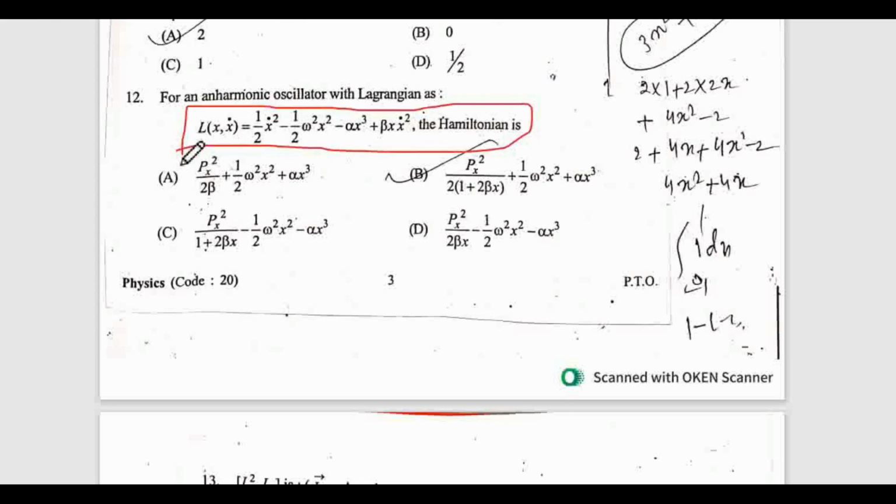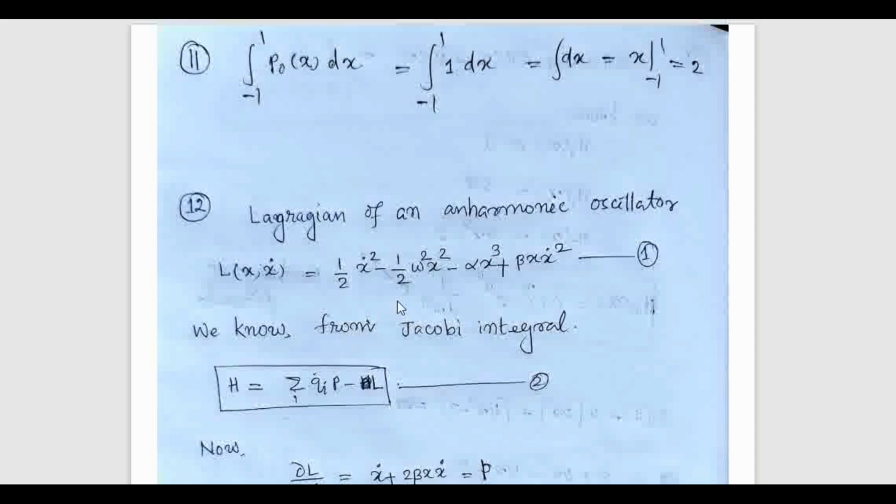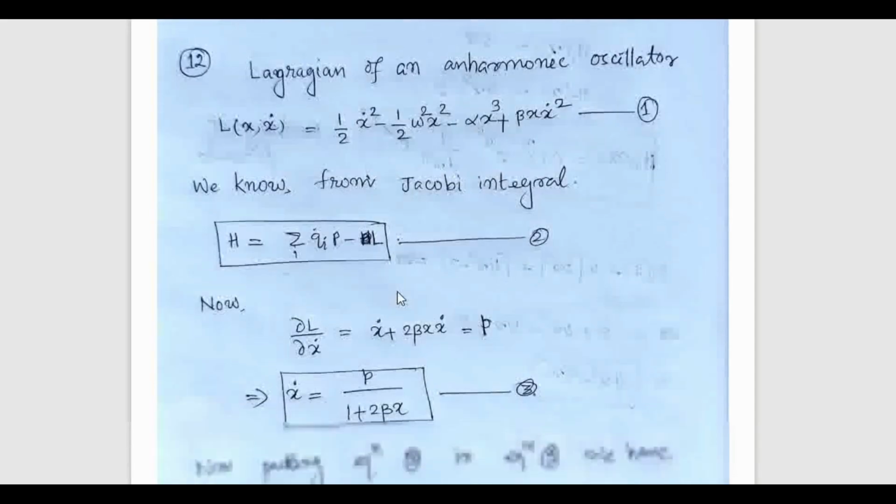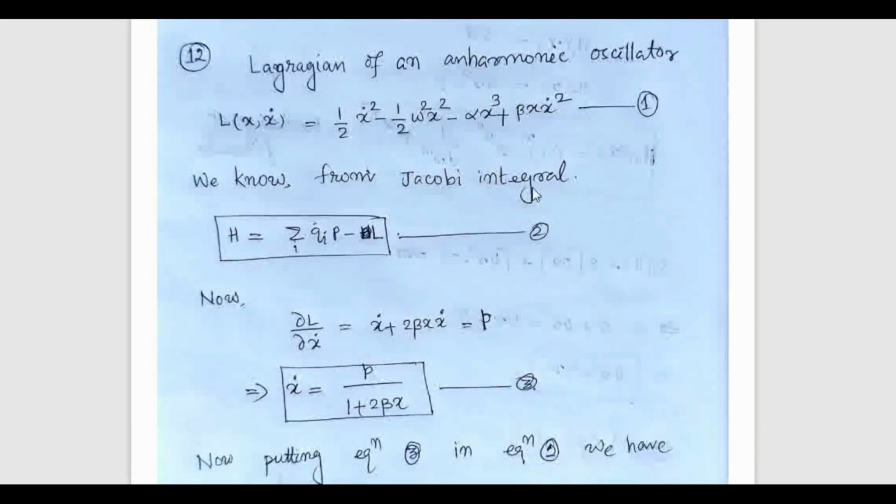If you see the solution, we know from the Jacobi integral that the Hamiltonian is the summation of q i dot p minus L.